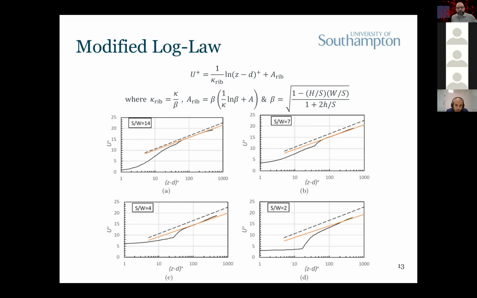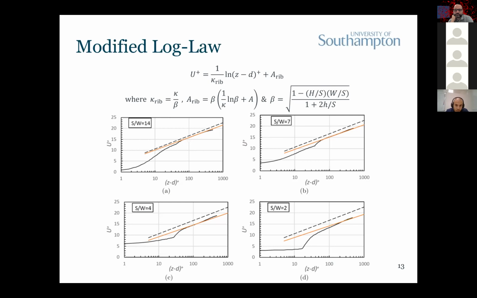So if the pressure gradient is the same between smooth wall and ribbed walls, then the U tau values need to be different. However, if you plot the classical log law in the same plot with the ribbed channel cases, it is not a fair comparison, because the log law should be normalized by the U tau of the ribbed channel.